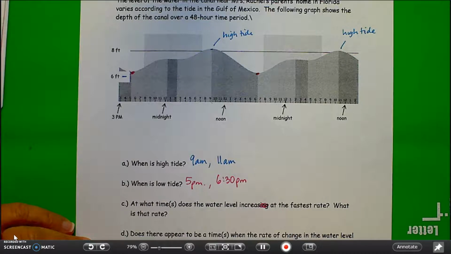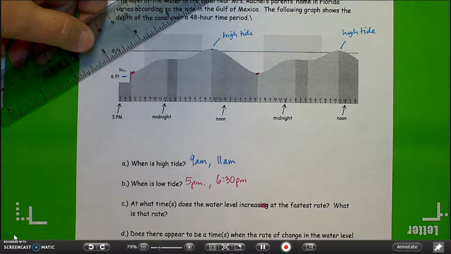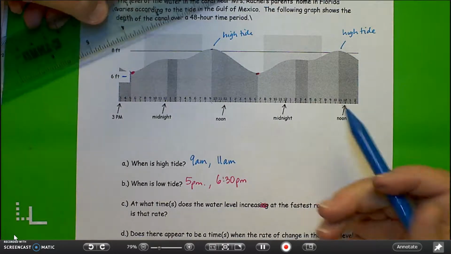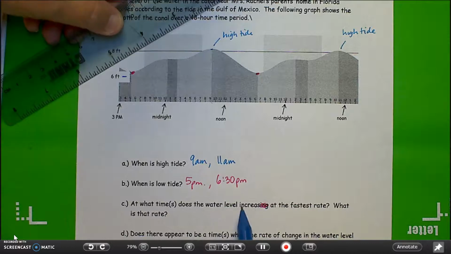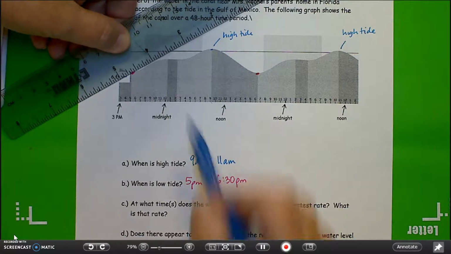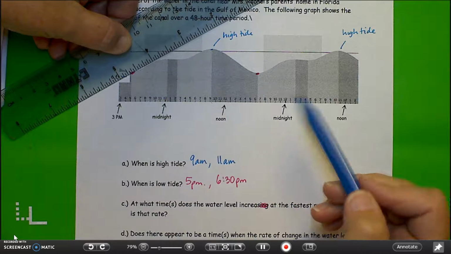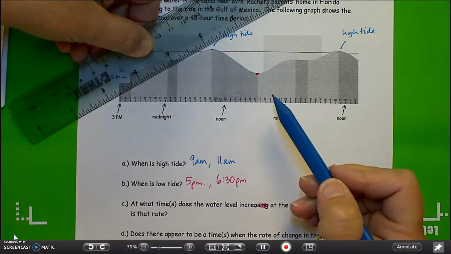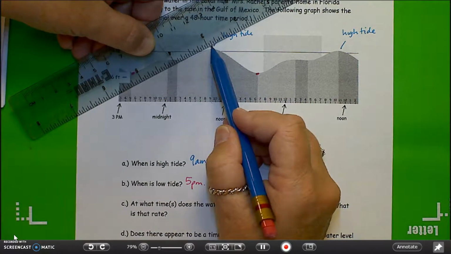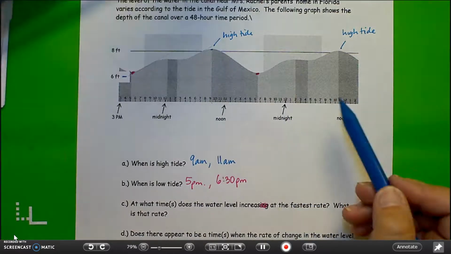So we're just going to estimate here, but if we look at various places where we have increasing values here, we could just sketch some tangents, and we could see where we think we have the steepest slope.